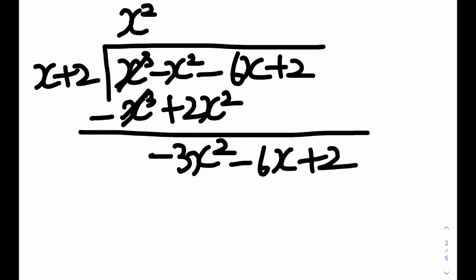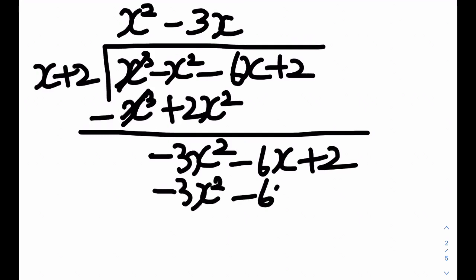Okay, next step, can x plus 2 cancel out negative 3x squared? Yes, if we multiply by negative 3x. If we multiply those two together, we get negative 3x squared, negative 6x, and we always put the minus here.